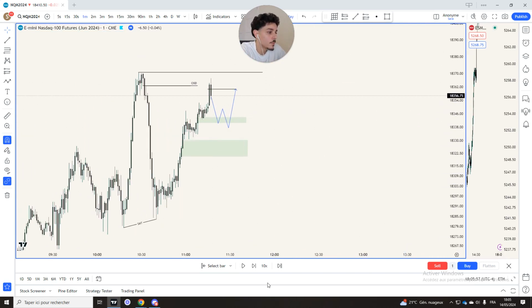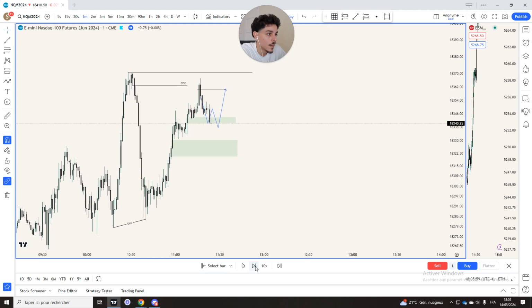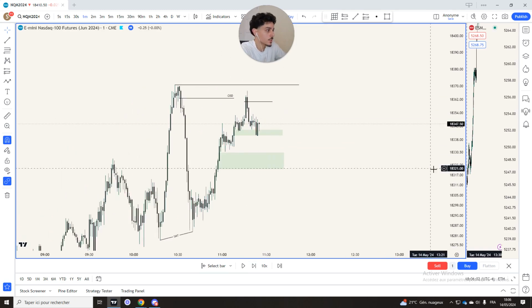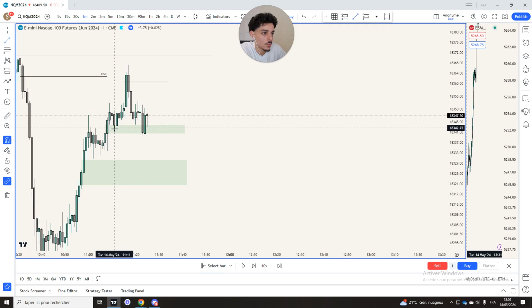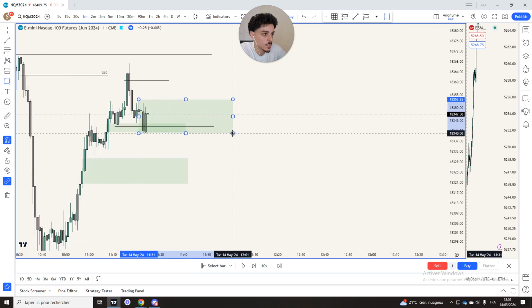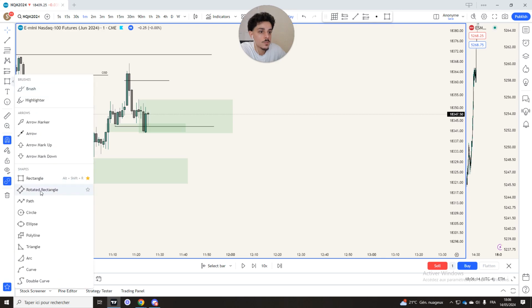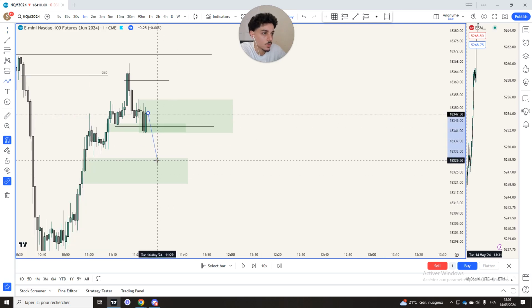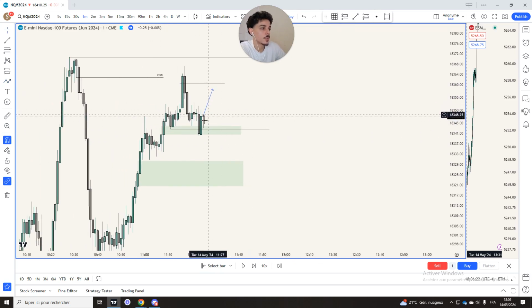Okay, so here what happened is exactly this, and this is why I did not want to take it. Here, you have kind of a sweep of a low, boom, and this is your order block. You've closed below. This is a whole bearish order block. So if the market was to be bearish, it would respect that zone and create a new low. But if you disrespect it, you have 3 confirmations here that you are bullish.